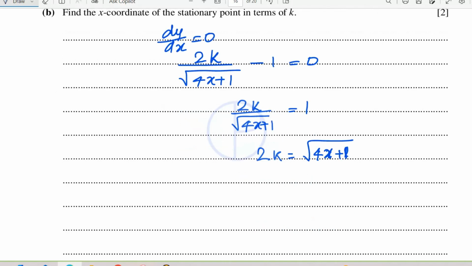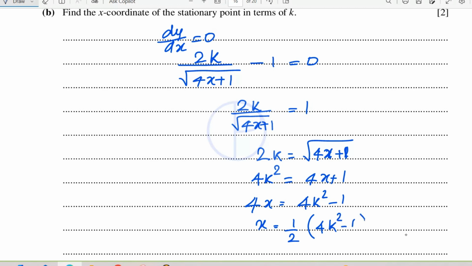So we need to find the x coordinate of the stationary point, so make x the subject. This is 4k square equal to 4x plus 1, or 4x equal to 4k square minus 1, or x equal to 1 over 4 multiplied by 4k square minus 1.